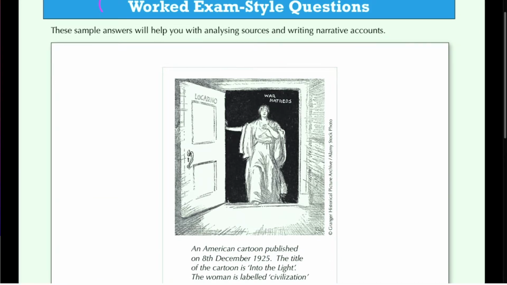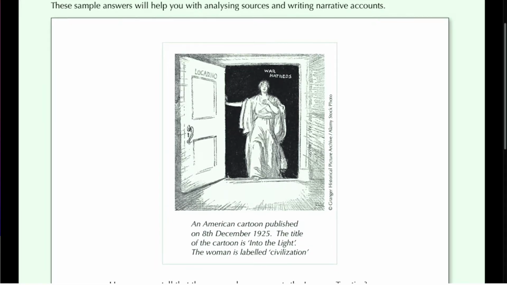We can see Locarno, which is the name of one of the treaties that we have studied. War, hatreds. There is another sentence here. There is this woman getting out of this dark background, coming to this door, which maybe means a light.